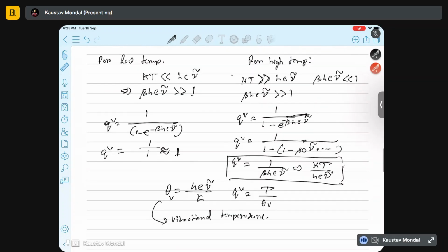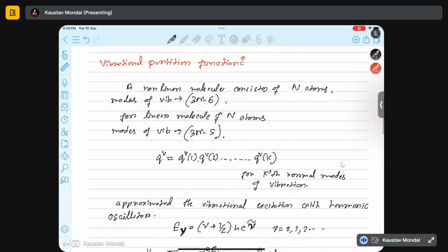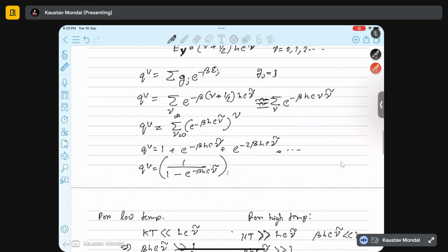And if it is very low compared to the characteristic vibrational temperature, then we will simply get QV almost close to 1.